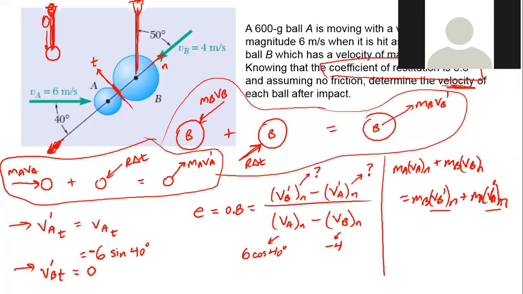So I'm asking for the velocity, you'd need to figure out what the full component is. Does that make sense to you? Yeah. But no matter what, VB prime is only going to have a normal component, because initially there was no tangential component. Okay. Yeah.